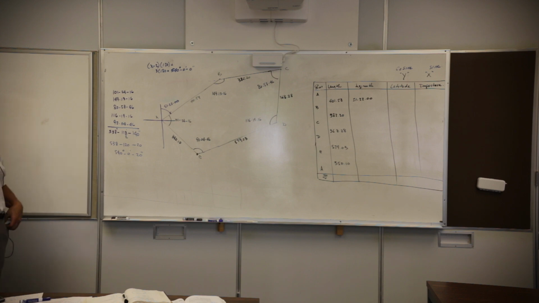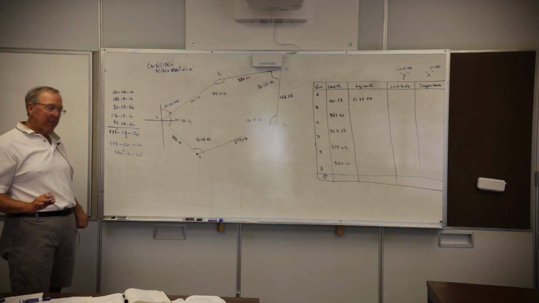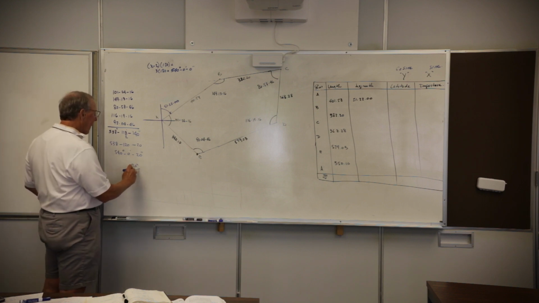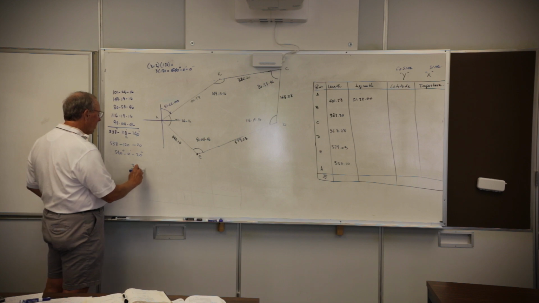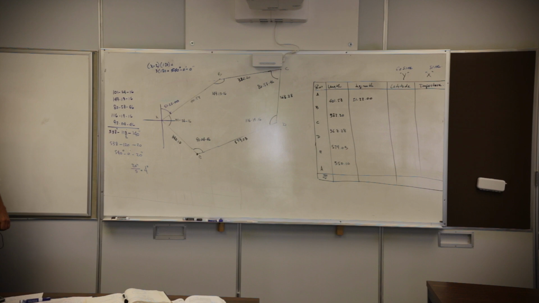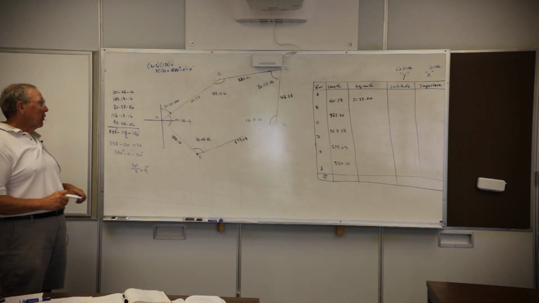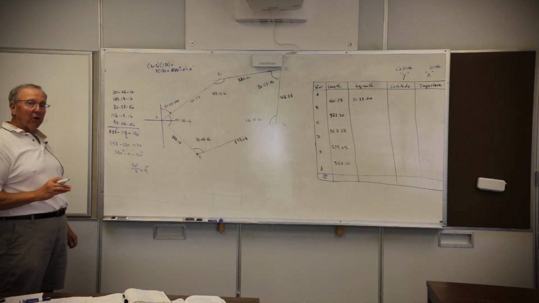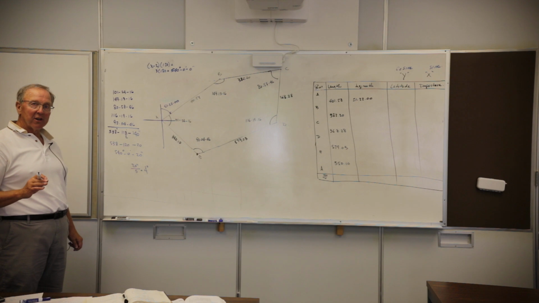Well, the 20 seconds has got me in a bind. Okay, I got to subtract 20 seconds from this mess. How do I do it? It's simple. Take the number of seconds that you're off, divide by the number of sides. Each of the angles now needs to be reduced by 4 seconds. So all I do is wander around here and change each one of those by minus 4 seconds.